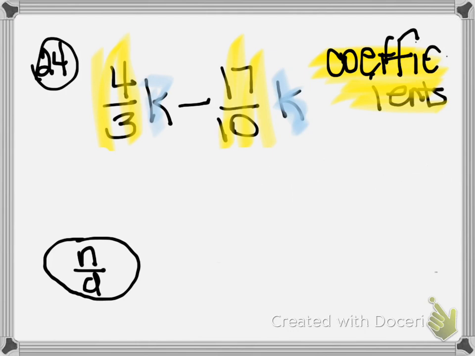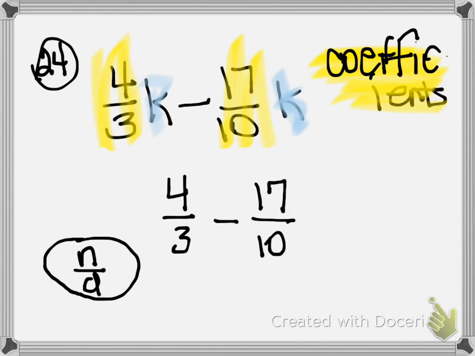Push the N over D button, and you're going to enter the fraction 4/3 minus N over D button again, 17/10. 4/3 minus 17/10. And when you do that on your calculator, you will get a negative 11/30.